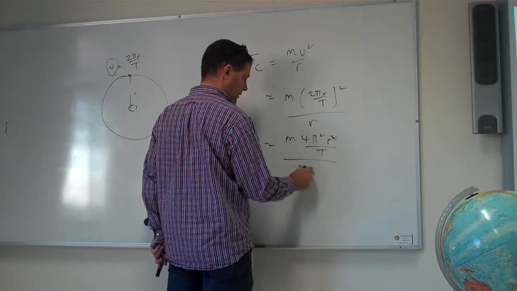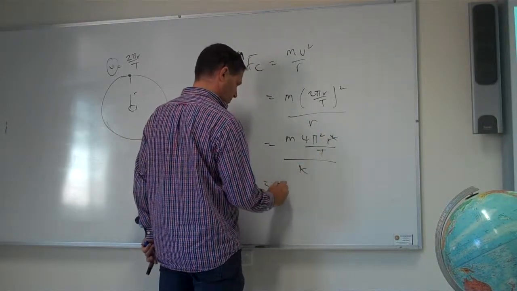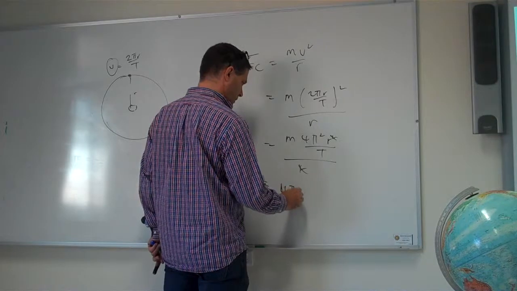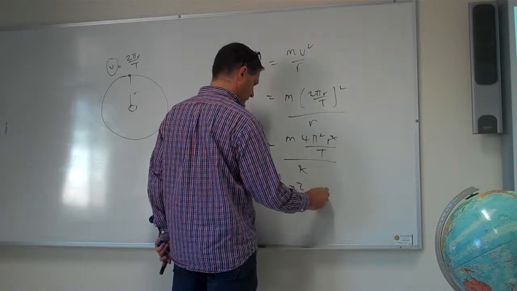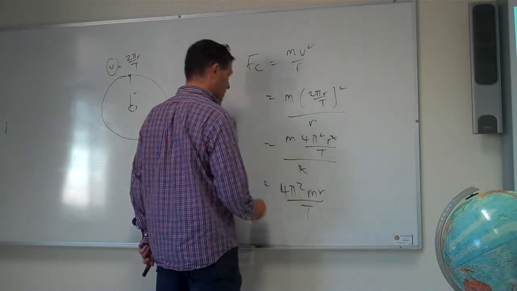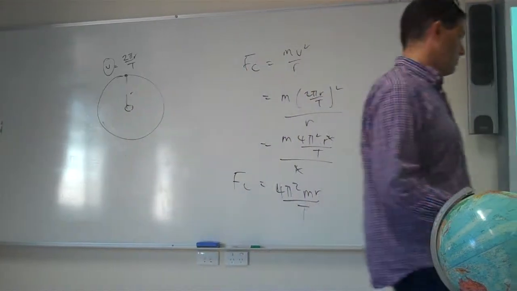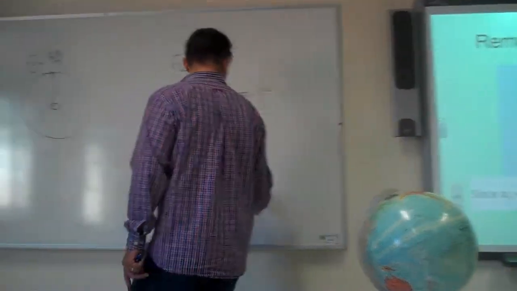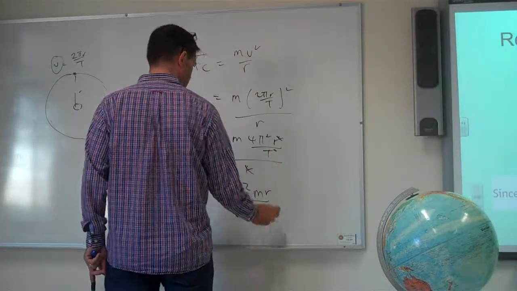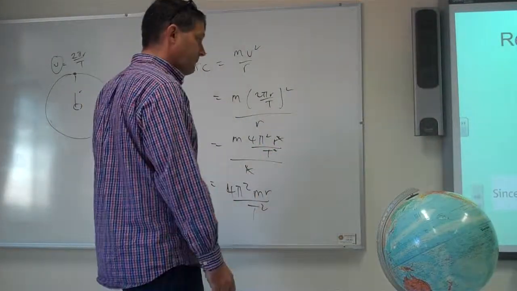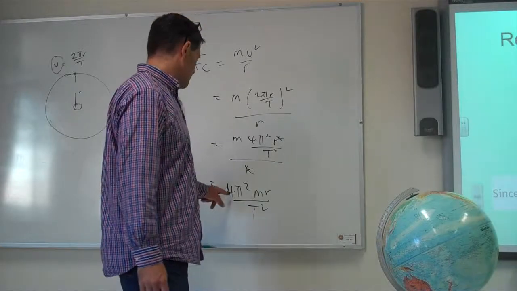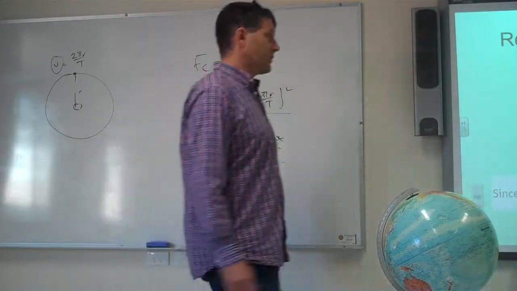That's going to cancel one of those r's out, and we get 4 pi squared m r on T squared.